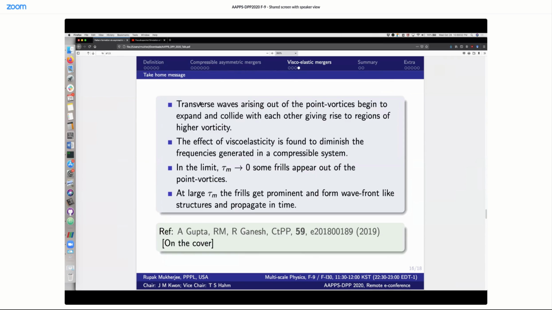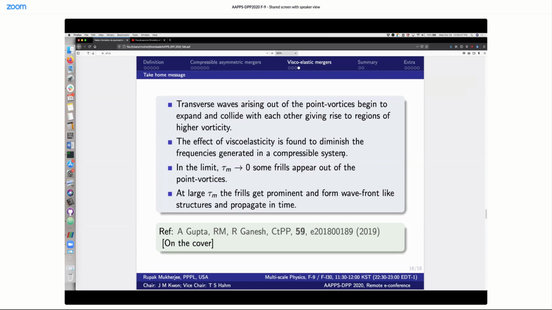So from this viscoelastic part, we see the transverse waves. These are basically transverse waves arising out of these point vortices that begin to expand and collide with each other, giving rise to regions of higher vorticity. The effect of viscoelasticity is found to diminish the frequencies generated in a compressible system.